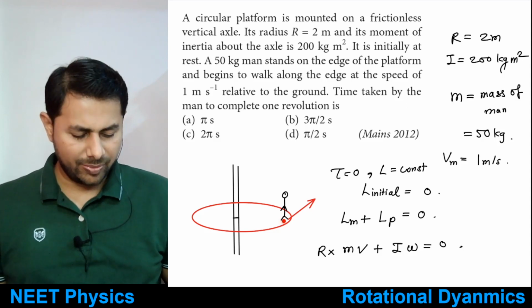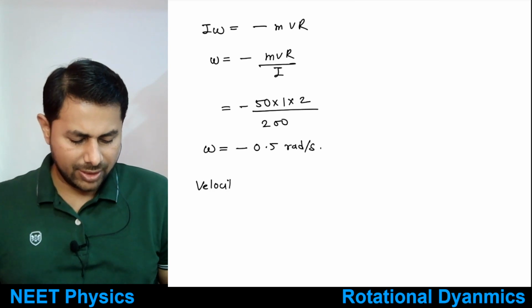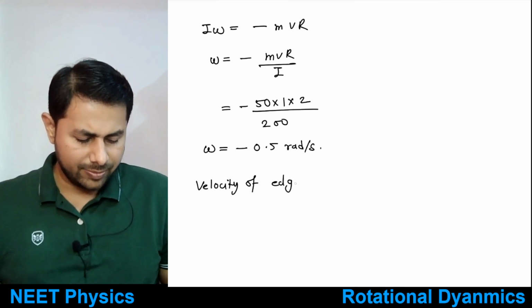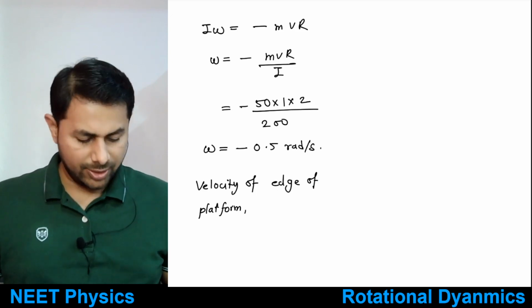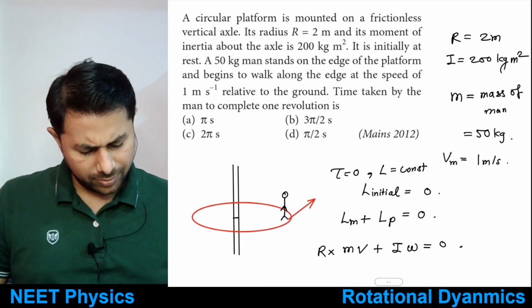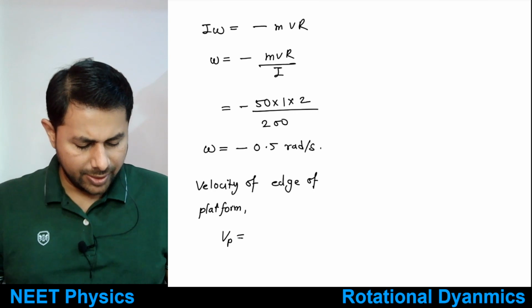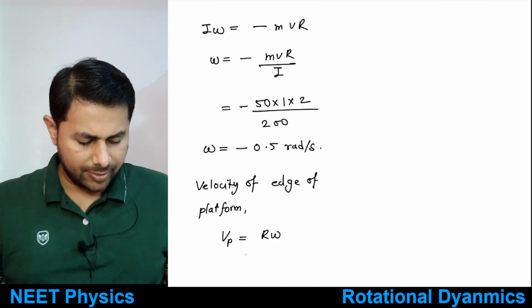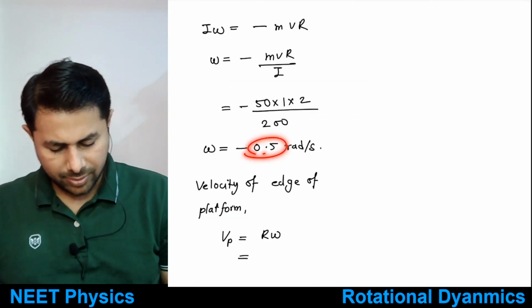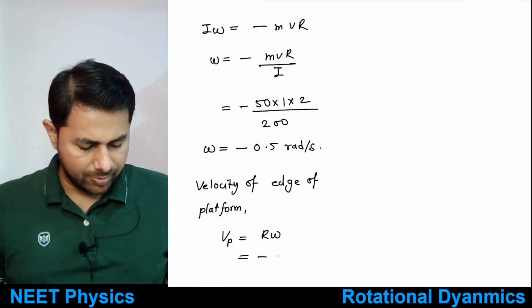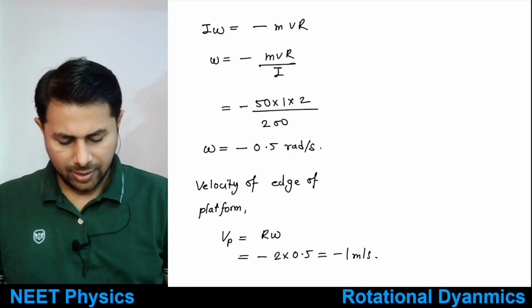So find out the velocity of the edge of the platform. It is equal to r times omega. What is r? r is 2, so 2 times 0.5, but it's negative, so it's minus 1 meters per second.